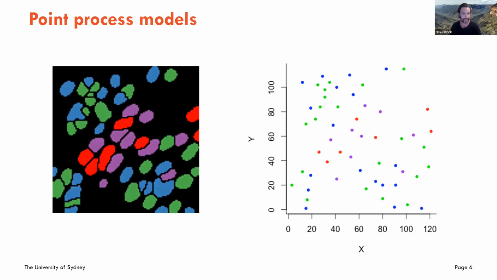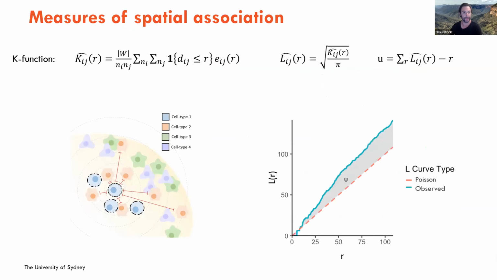To get around this, we decided to analyze our data as a point process, that is, taking our cells and reducing them to a single point in space. Obviously, we throw away data here, but we think it's worth the sacrifice. With the point process model, we can summarize the localization information with a K function.